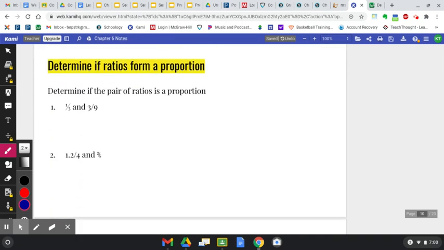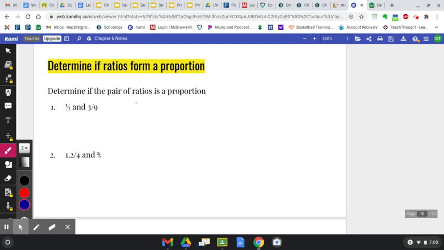So, for example, it says determine if the pair of ratios is a proportion. And we looked at this last chapter, if you remember. I can just divide 1 by 3 on my calculator, get a decimal value, divide 3 by 9 on my calculator, get a decimal value. If they are the exact same, then they are equal. Then it is a true proportion.